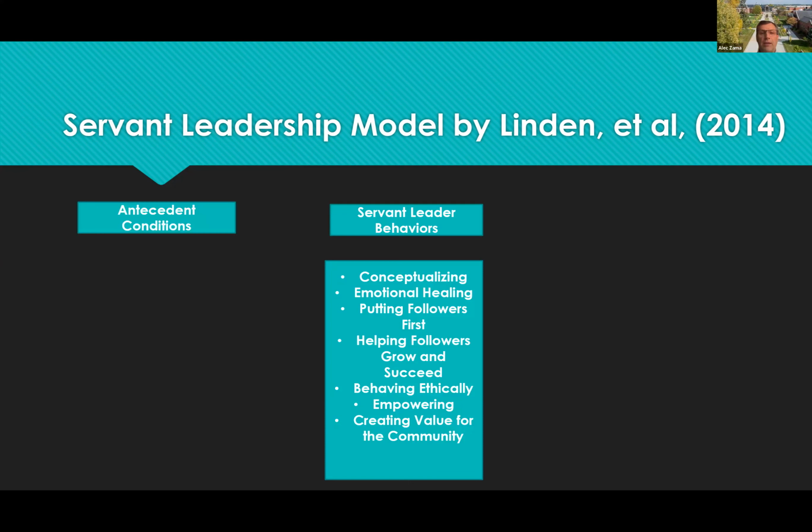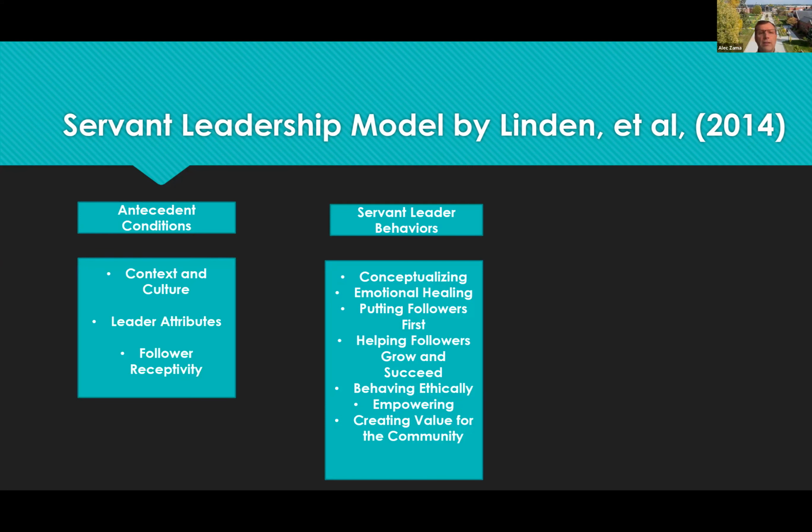The second element is that there must be antecedent conditions in order to have certain outcomes. The three antecedent conditions here are context and culture, leader attributes, and follower receptivity. When we talk about context and culture, we have to understand the environment where a leader is functioning.